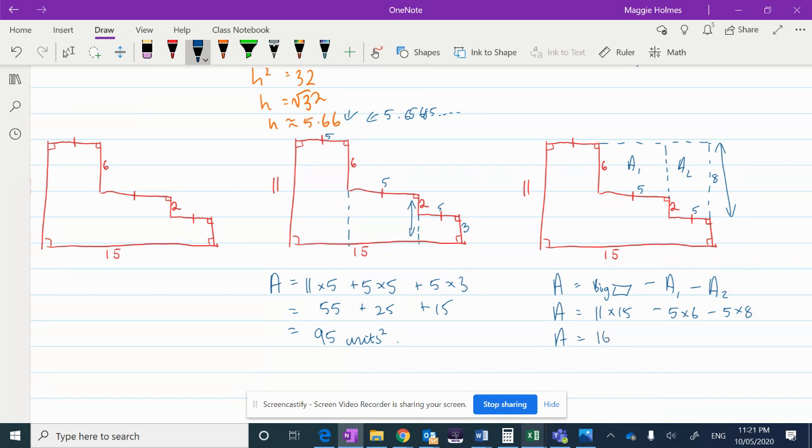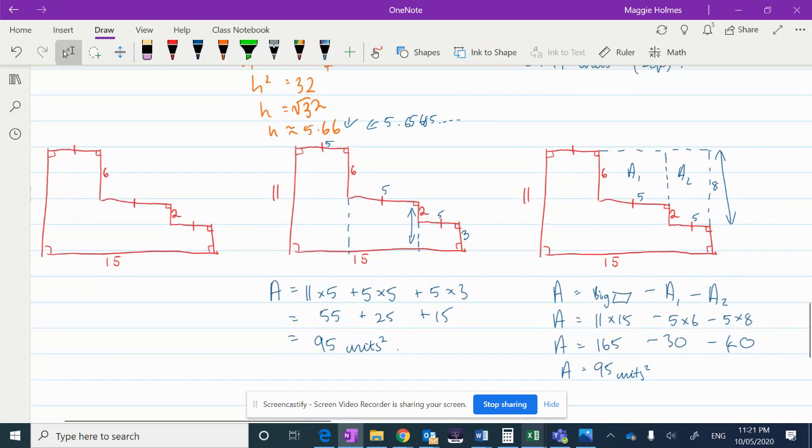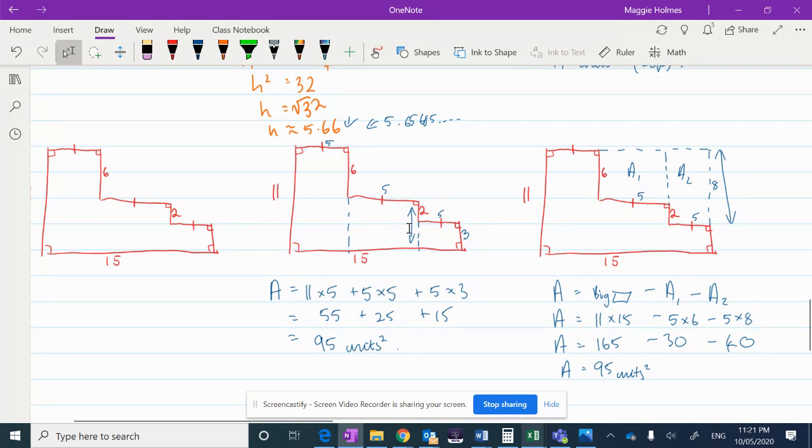Or you can do it bit by bit. Minus 30 minus 40, so that's minus 70 of 165 in total, which gives you 95 units squared. So just looking at these a little bit creatively and seeing the different ways that you can do them, and can you find an easy or efficient way. There you go.